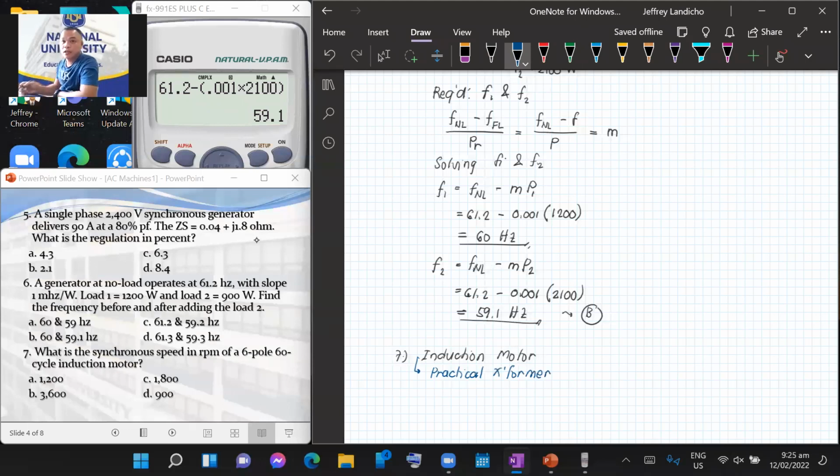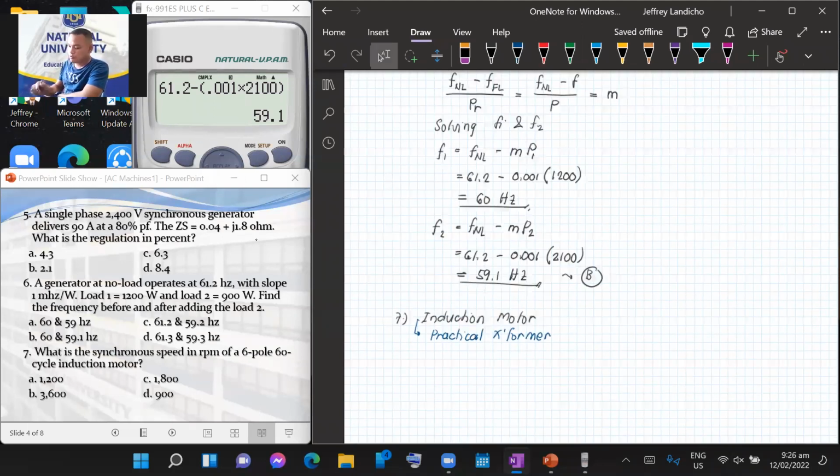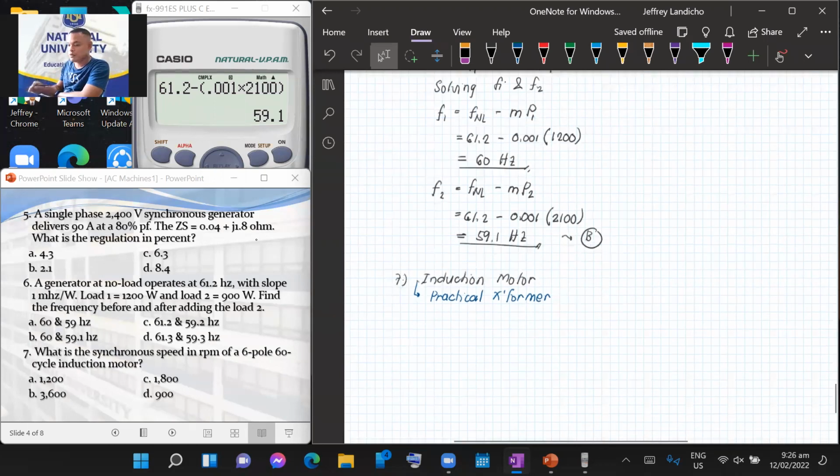So yung kanyang circuit is similar to the practical transformer. Yun ang kanyang equivalent circuit kasi induction ulit, there is no electrical or physical connection between the rotor and the stator.